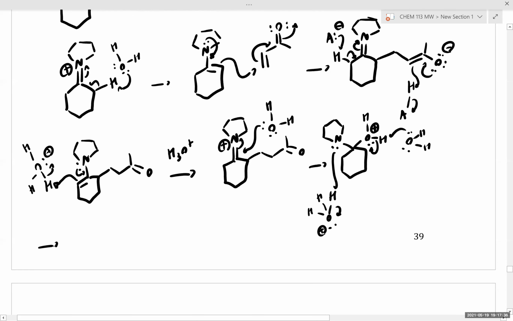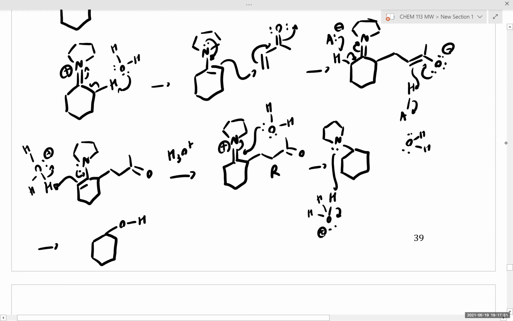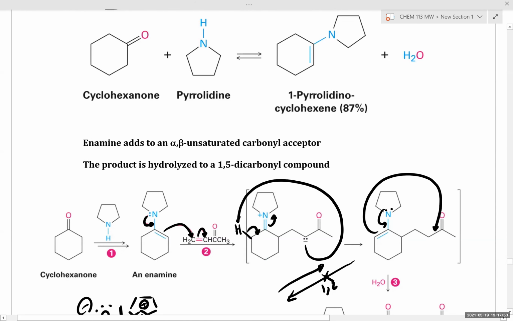From here, let me just redraw this part. I'm going to label this group as R just to avoid repetition.